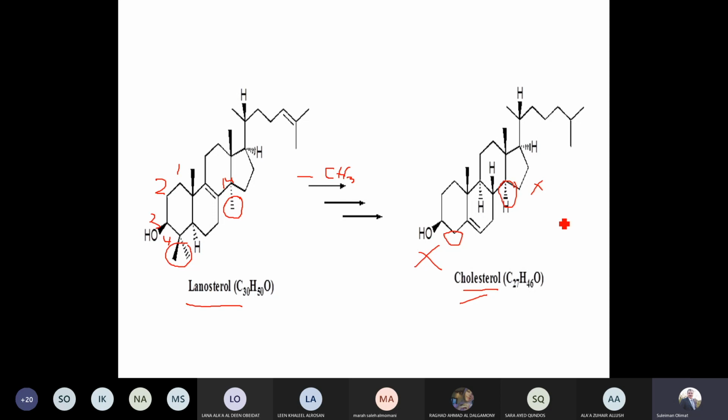The plant loses these easily. For this reason, in plants particularly, we do not see any steroid with 28 or 29 carbon atoms, maximum 27. Why 27? Because the plant loses these three methyl groups.